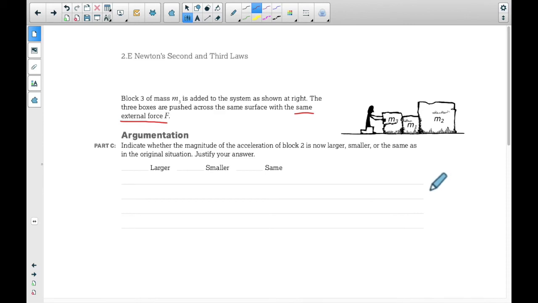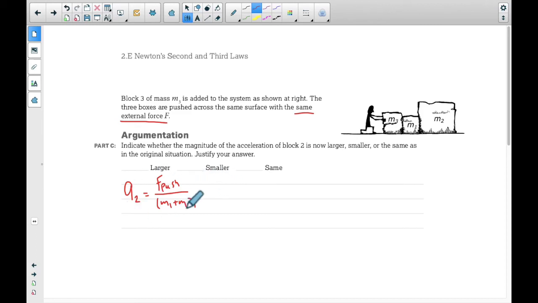Okay, there are a couple ways that you could go about this. There is the force that is the same force as it was before. However, there are the blocks, there are more of them than there were before. So if we have the same force but yet more mass, what's going to happen? Okay, I'm a math teacher, so I like to think about things mathematically.